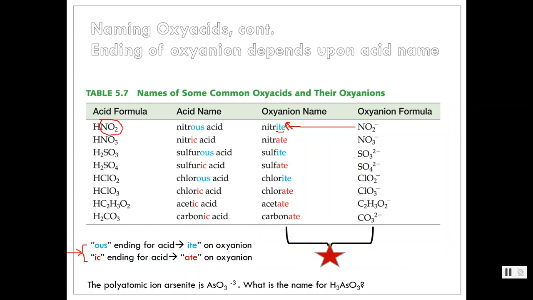But if I was to tell you that this is arsenite, and this is its formula, and I wanted to know what the name of that corresponding oxyacid is, well, my polyatomic anion ends in "ite," so my acid name is arsenous acid. The "ites" end in "us." So that is the last part of nomenclature.